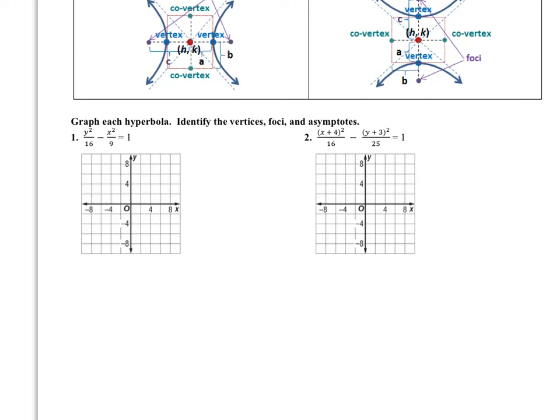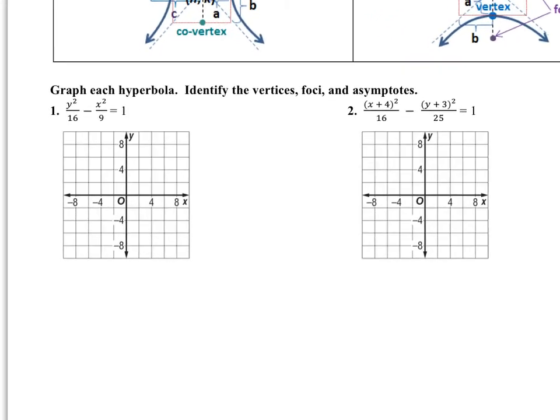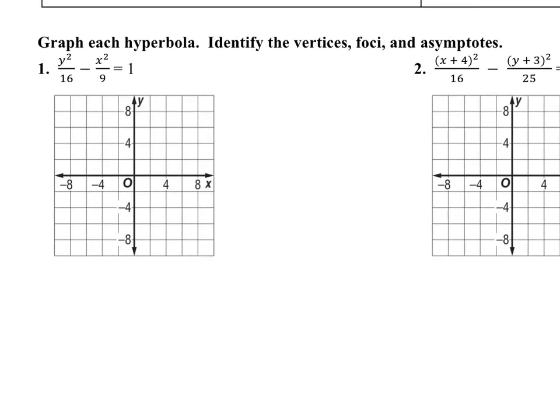Okay, looking at number 1, this is a review problem. That one's centered at the origin. There are no parentheses. So let's start at the origin, 0, 0. Y is positive, so this is a vertical hyperbola. We're going to go up and down 4, and we're going to go left and right 3.